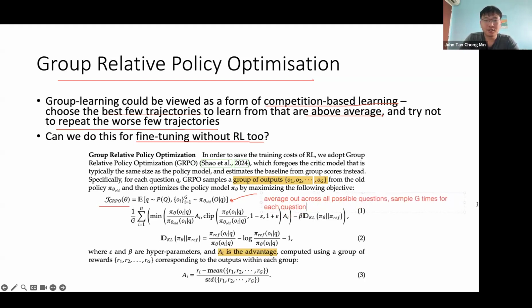Expected means you keep running this objective across all possible questions. Q is taken from the distribution P(Q), which means the question distribution. This is why I don't really like math. Actually, this is a very simple equation. Boom, it became so complicated with this. And the second term here is the crux.